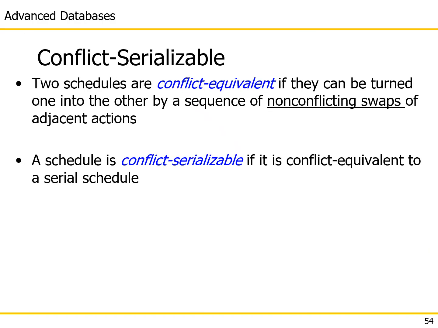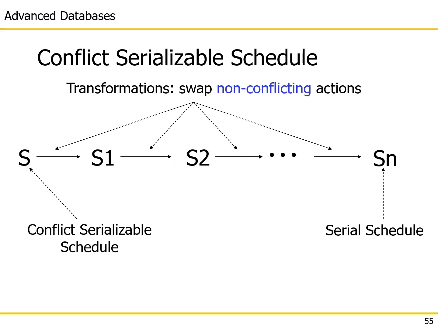Now, this is the crux of the thing. How do we actually generate these conflict serializable schedules? What we're going to do is play with non-conflicting swaps, or non-conflicting steps. Let me show you an example. If we start with a serial schedule and I keep making swaps on adjacent non-conflicting steps, ultimately I must end up with a conflict serializable schedule, because I respected the conflicting steps and didn't change their order.